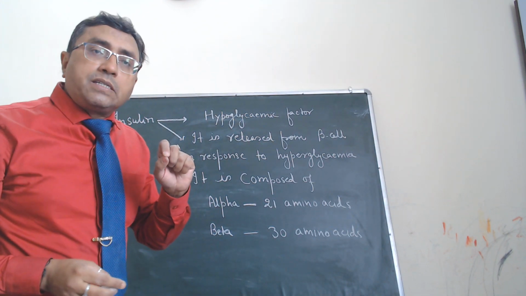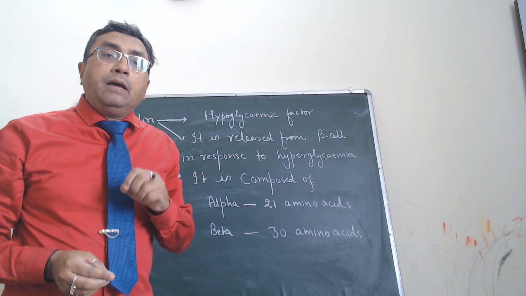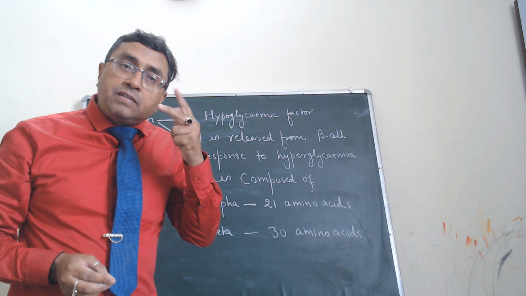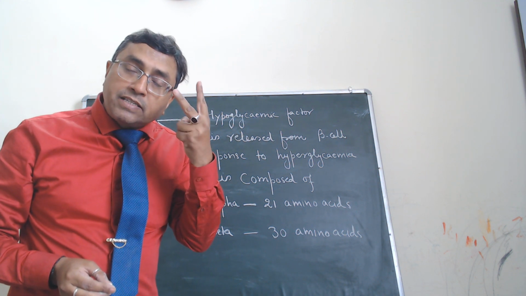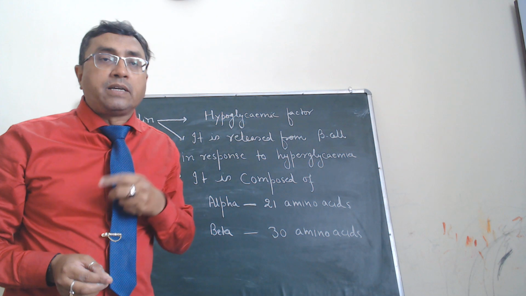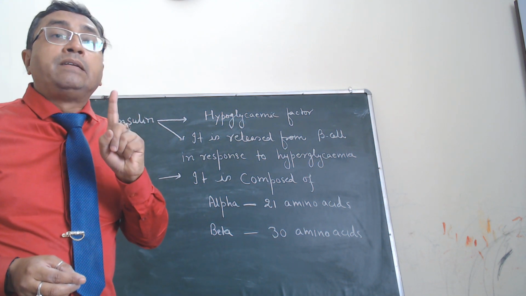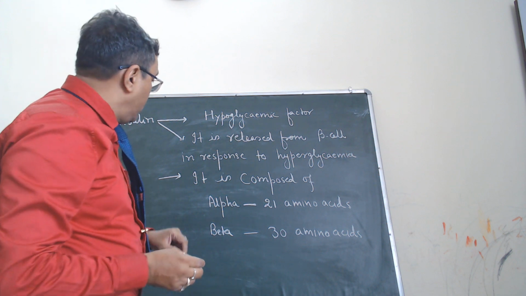These two chains are linked by 3 disulfide bonds. Two chains contain interchain disulfide bonds, only 2 interchain disulfide bonds, and alpha chain has additionally 1 intra-chain disulfide bond.